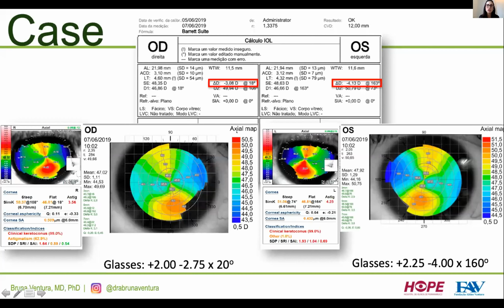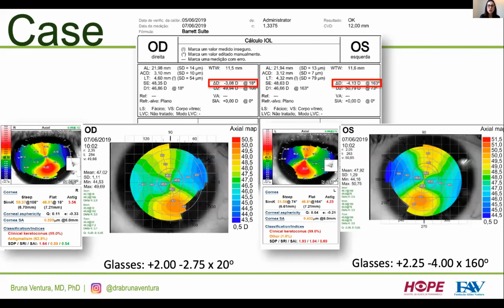I easily excluded the ISIS measurement in both eyes because it measured a much lower amount of astigmatism than the other two devices, which are in agreement with the glasses. Also, based on the glasses, which show with-the-rule astigmatism a little lower than that measured by the IOL Master 700, that's how I decided to use the IOL Master 700 measurement instead of the OPD scan measurement.